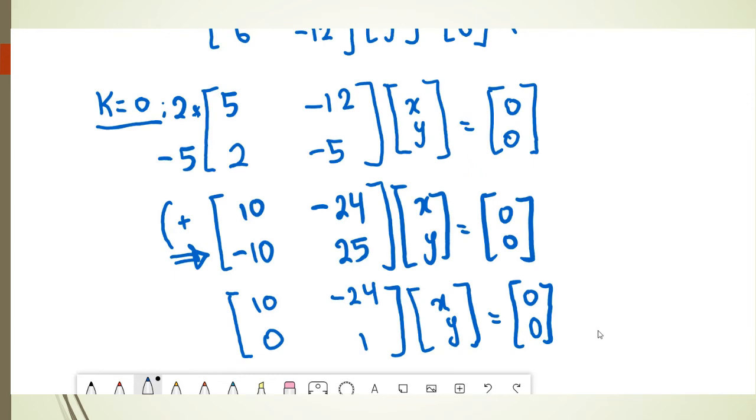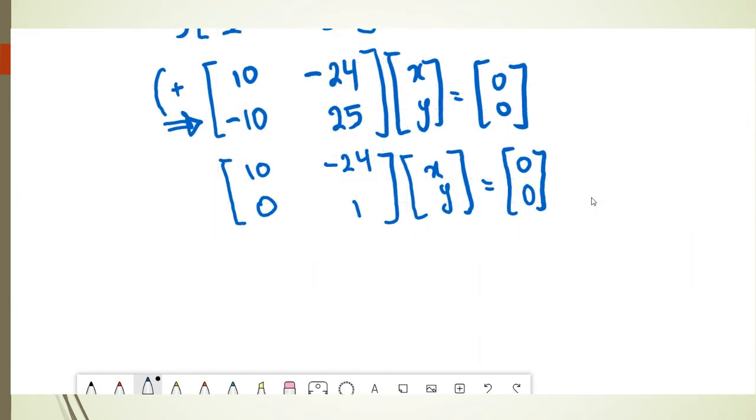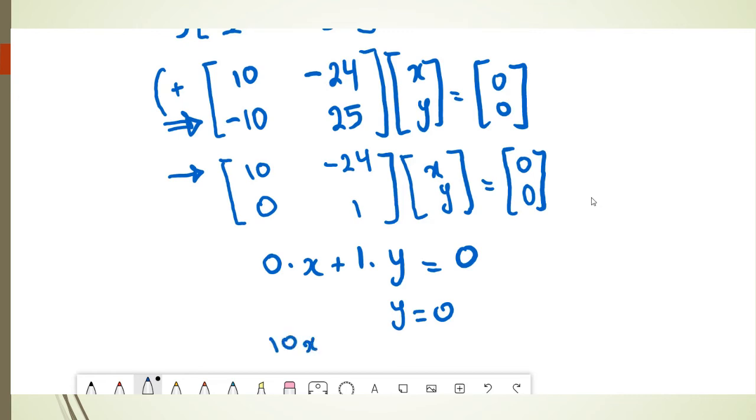So the second equation is 0 multiplied by x plus 1 multiplied by y equals 0, i.e. y is 0. And then if we substitute with y equals 0 in the first equation, we will get 10x plus minus 24 multiplied by 0 equal to 0.